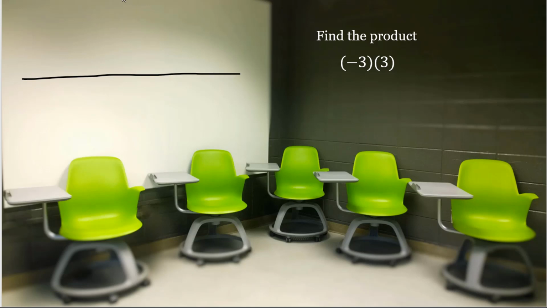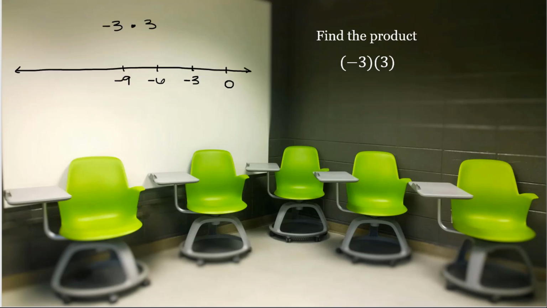If we were to look at it on the number line and think of this as repeated addition, we have negative 3 times positive 3. So if we took negative 3 one time, we're just going to get negative 3.